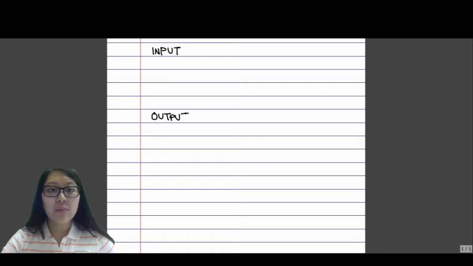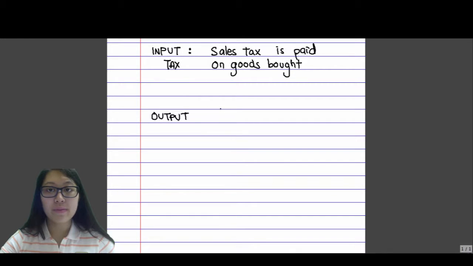Now we have two kinds of tax: input and output tax. The basic difference is the direction in which the goods are being purchased. When we're talking about input tax, that means the sales tax is paid on goods bought by the company.